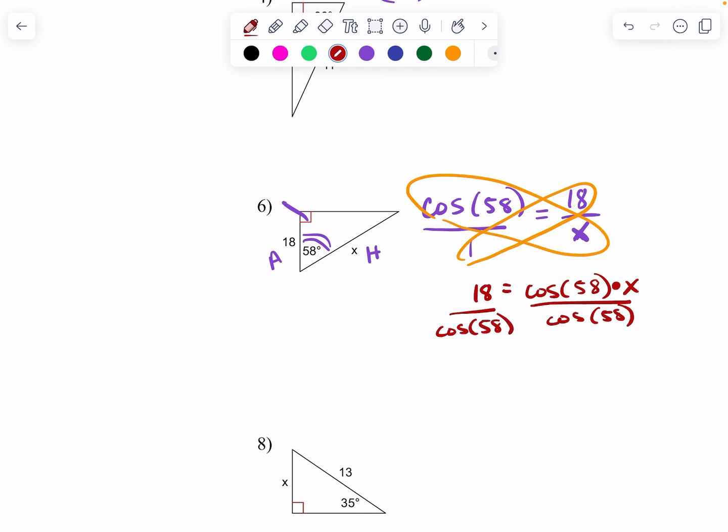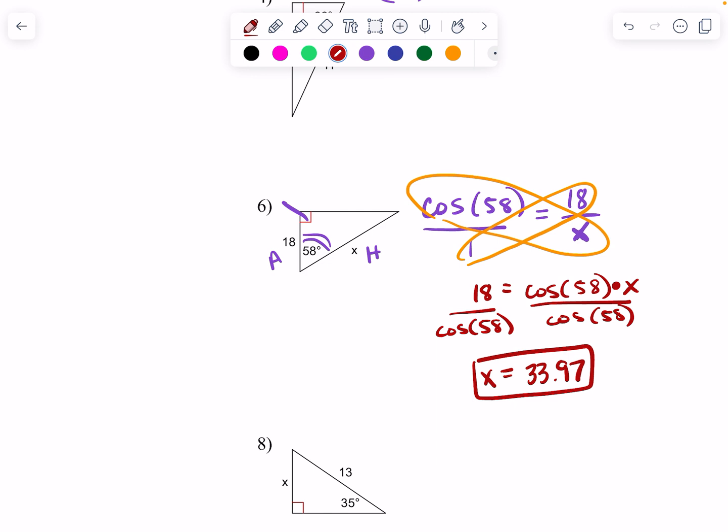In my calculator, I would type in 18 divided by cosine of the angle. Again, make sure you are in degree mode. When I did this, I got 33.97, which is a larger number, as it should be because I am looking for the hypotenuse. I don't already have it.